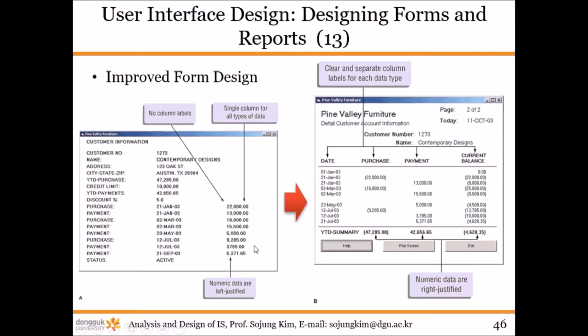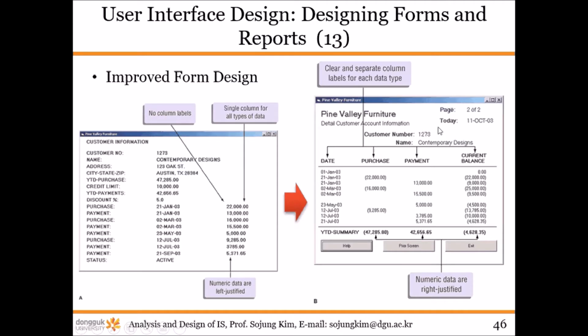And here, improved form design. So now we have this design, okay, and from this design, now you can improve the layout like this. If you use a box and highlighting, also some shapes or arrows and so on, then basically the users can clearly understand all the information here, right?